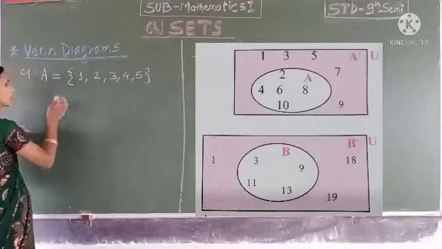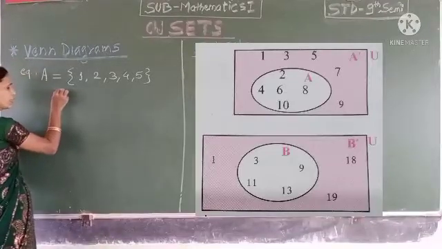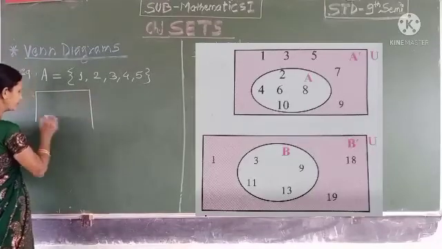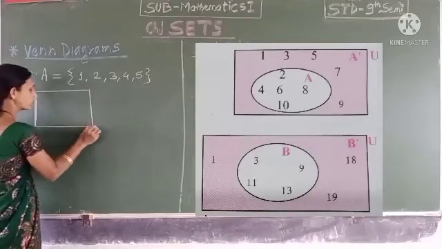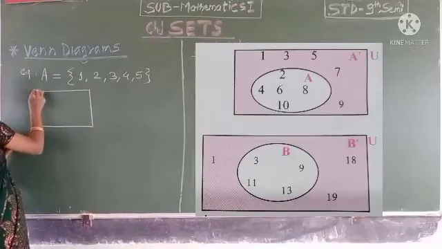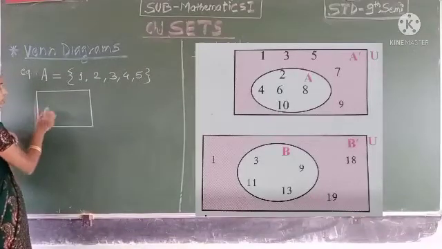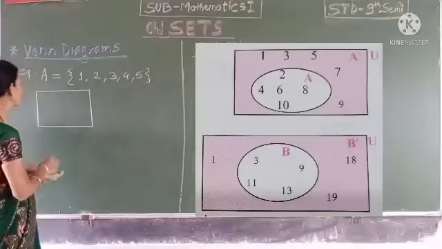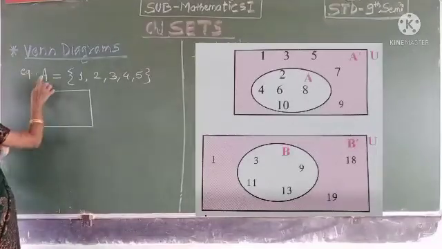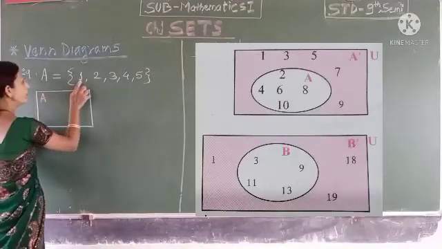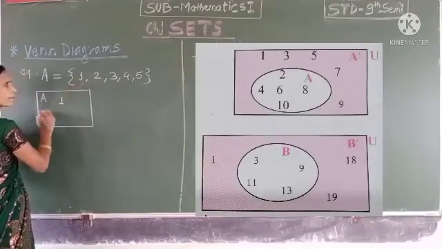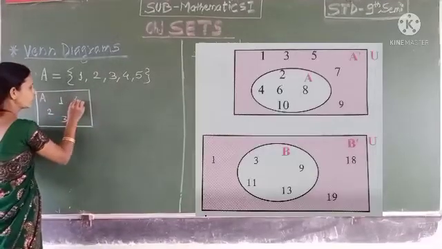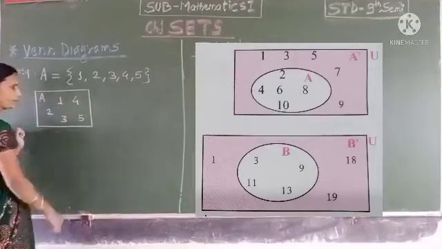Any geometrical figure you may use, for example a square, rectangle or any quadrilateral, is used to represent that set. A is a set of members 1, 2, 3, 4 and 5.